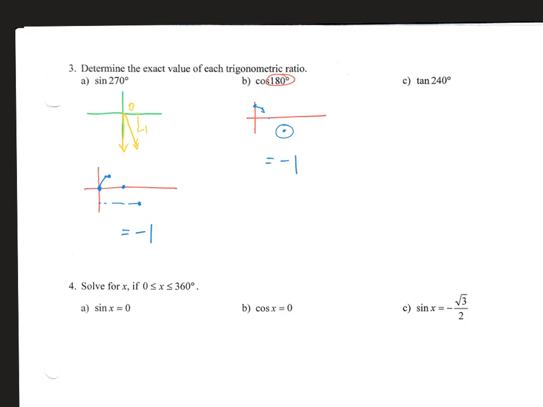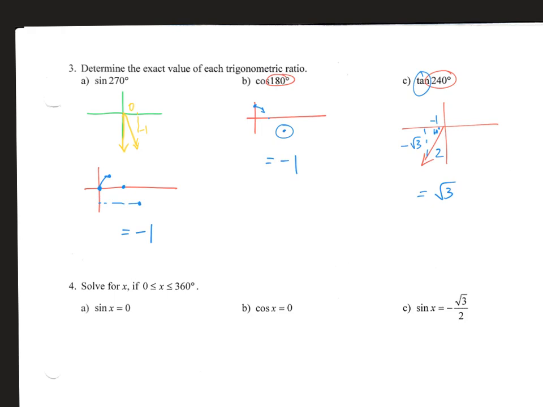Take a look at question C, because I don't want everybody to think that trig curves are the way we should go all the time. If I was given a question like C, where I've been asked to come up with the value of tan 240, and I know that 240 doesn't put me on an axis, then I would still go back and use rotation angles, figure out my related acute angle, label the sides on that triangle, and therefore come up with your tan ratio, which is opposite over adjacent.